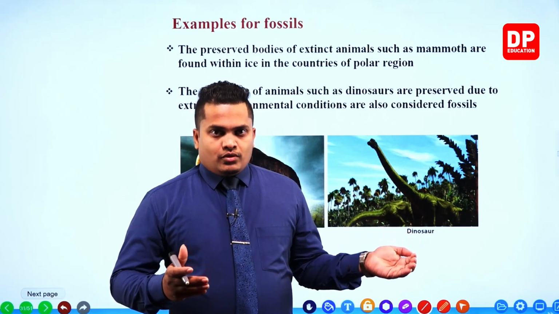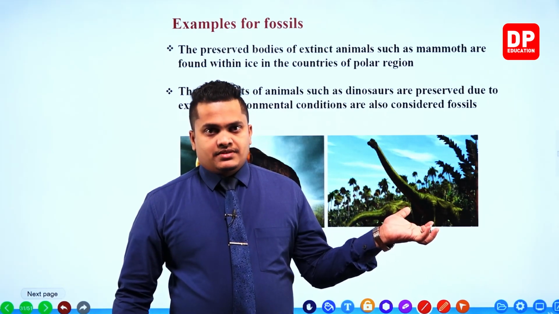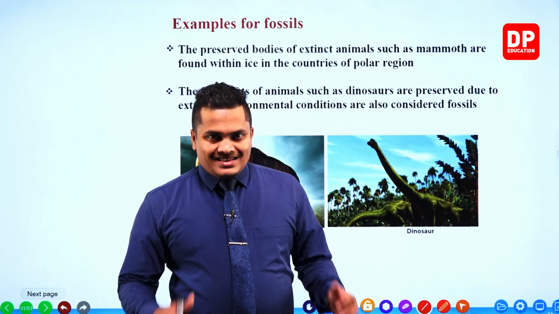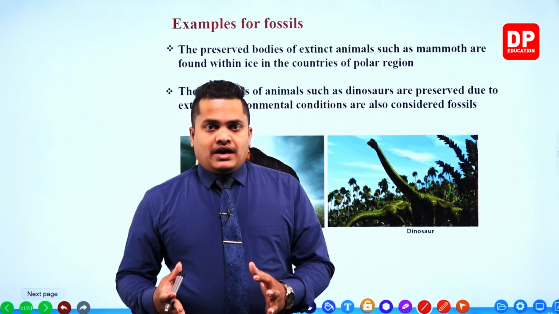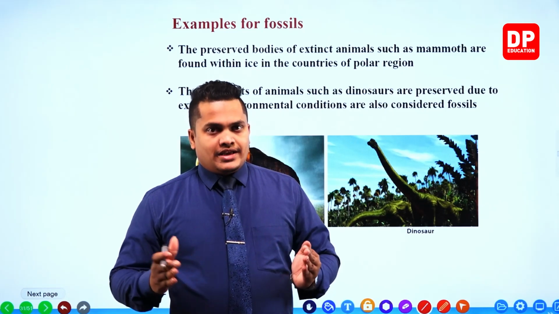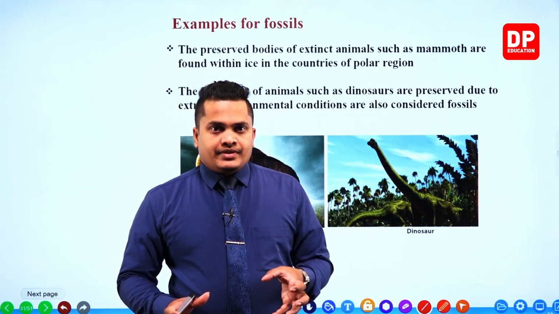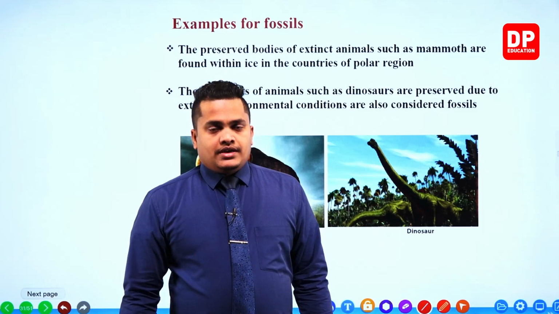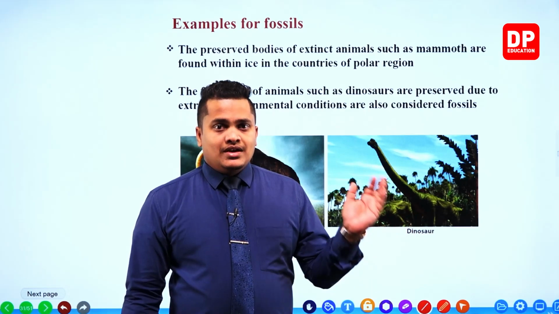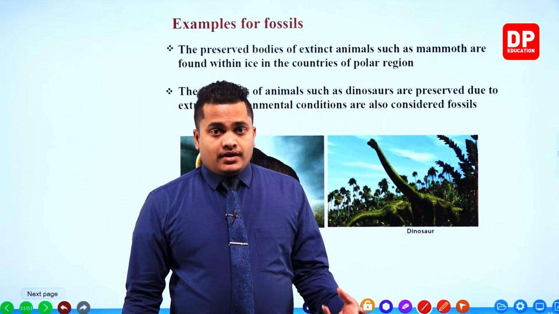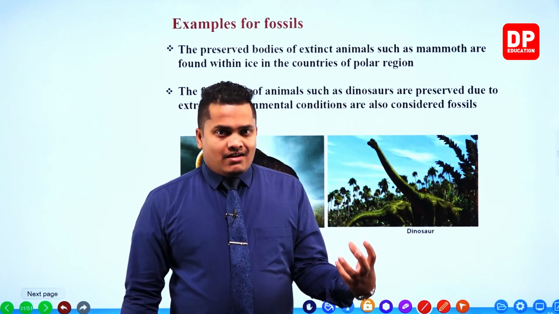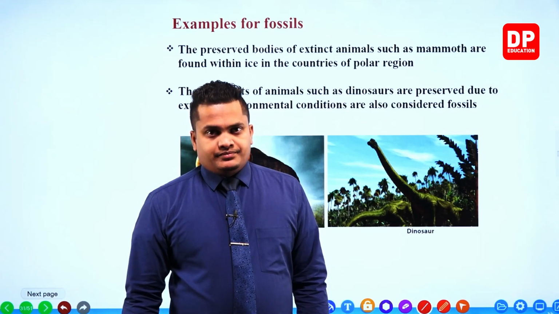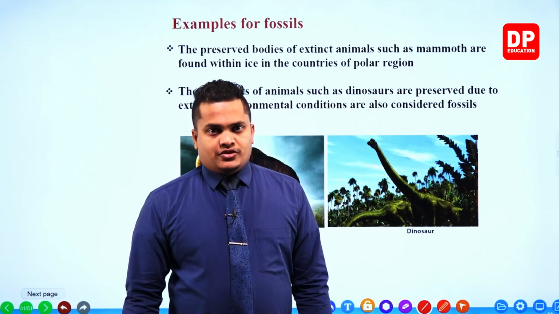The normal cows living in our environments don't have long hair, but the bison cow has long hair. In the same way, mammoth had wool around their body. It was a special adaptation so that they could recover from the extreme cold temperature during that time. It was a protective adaptation.